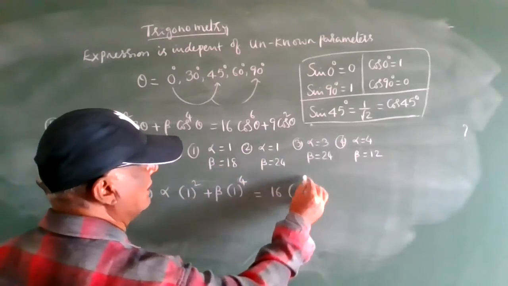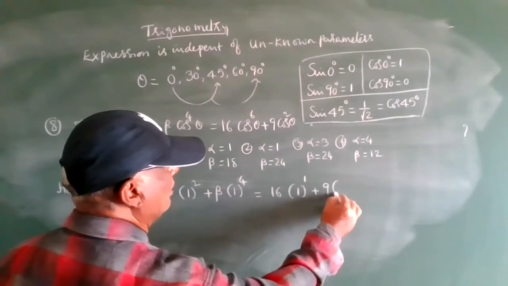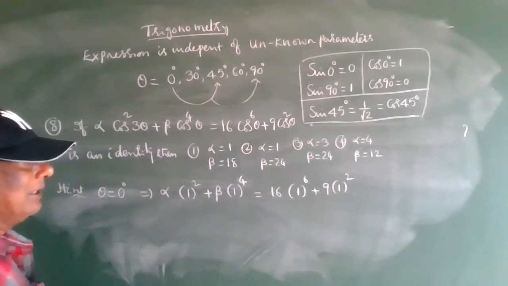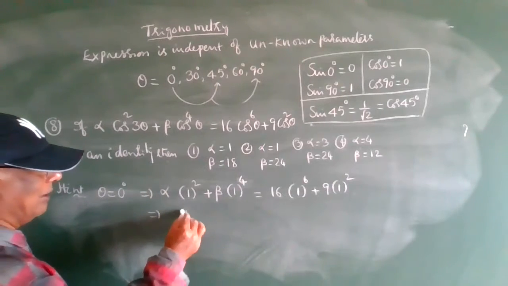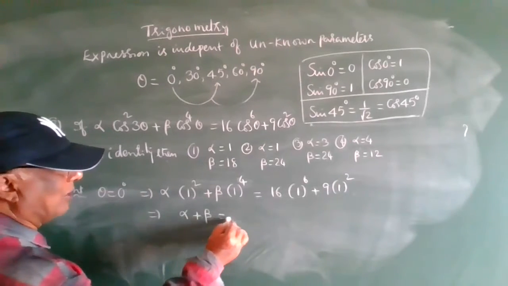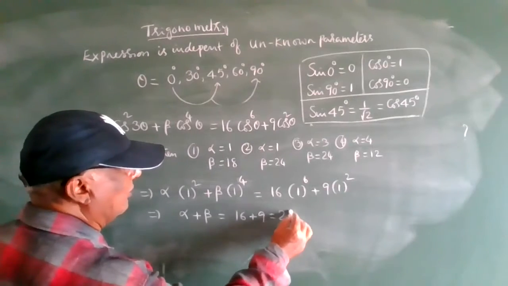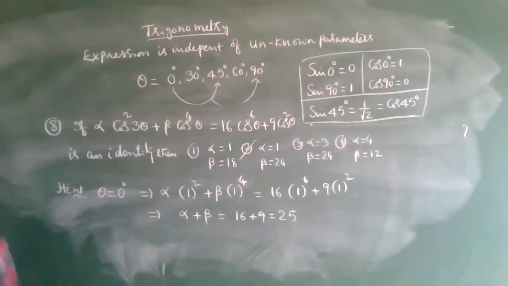Cos 0 value is 1 plus 9 into cos 0 value is 1. Okay? Here alpha plus beta is equal to 16 plus 9, 25. Where we get 25 is the second option. Alpha plus beta is 25 in the second option only.